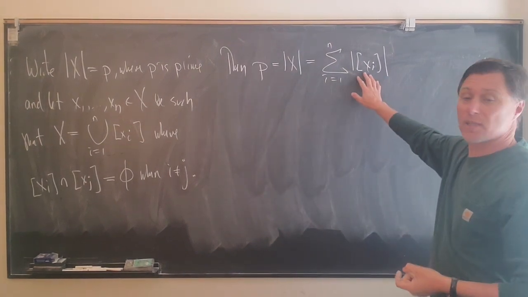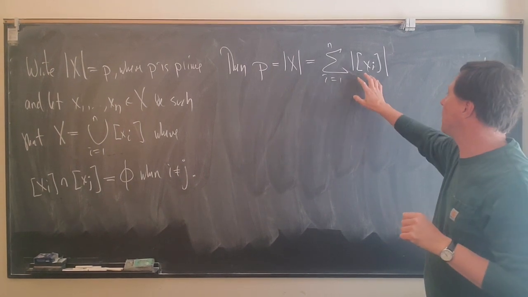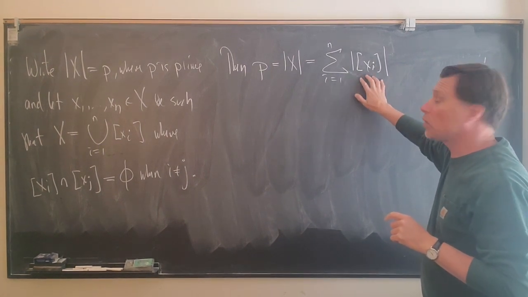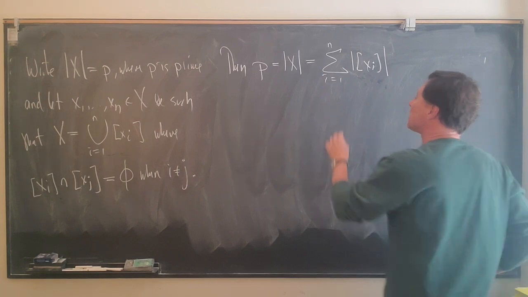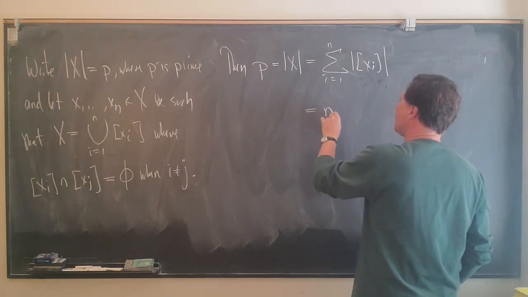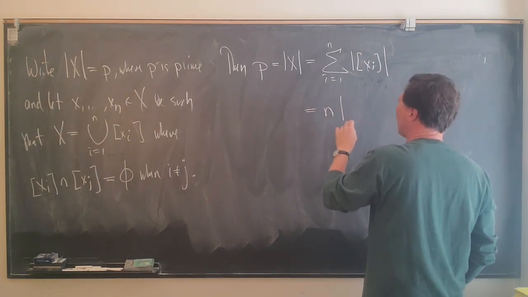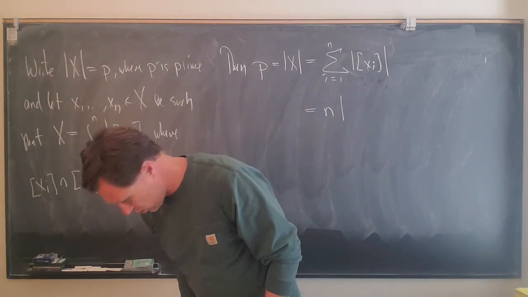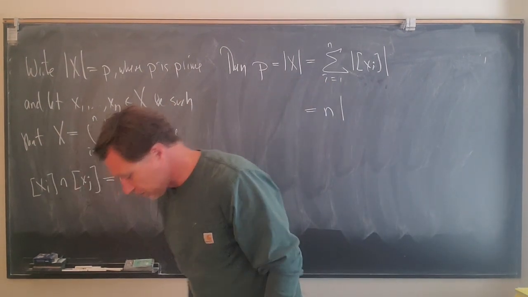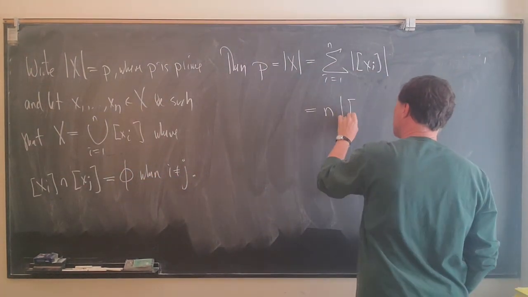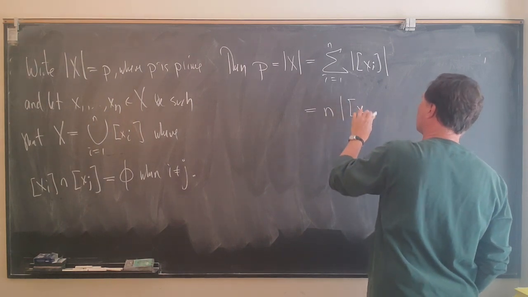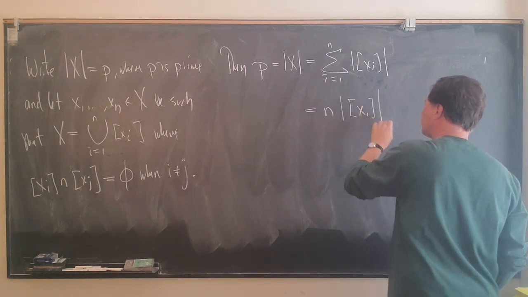But from our previous Lemma 6.8, each of these equivalence classes has the same size. So this is equal to n times the cardinality of the equivalence class of x sub 1.